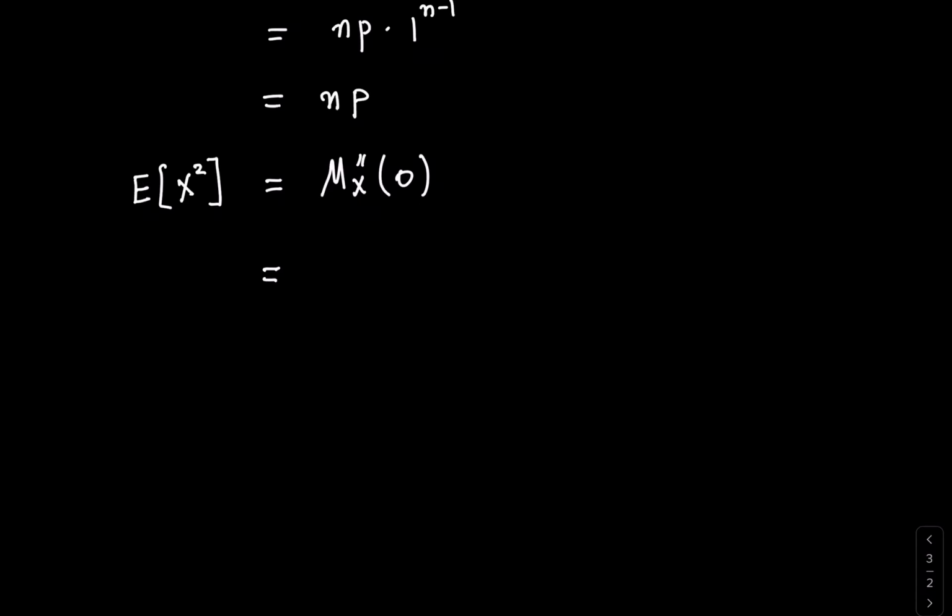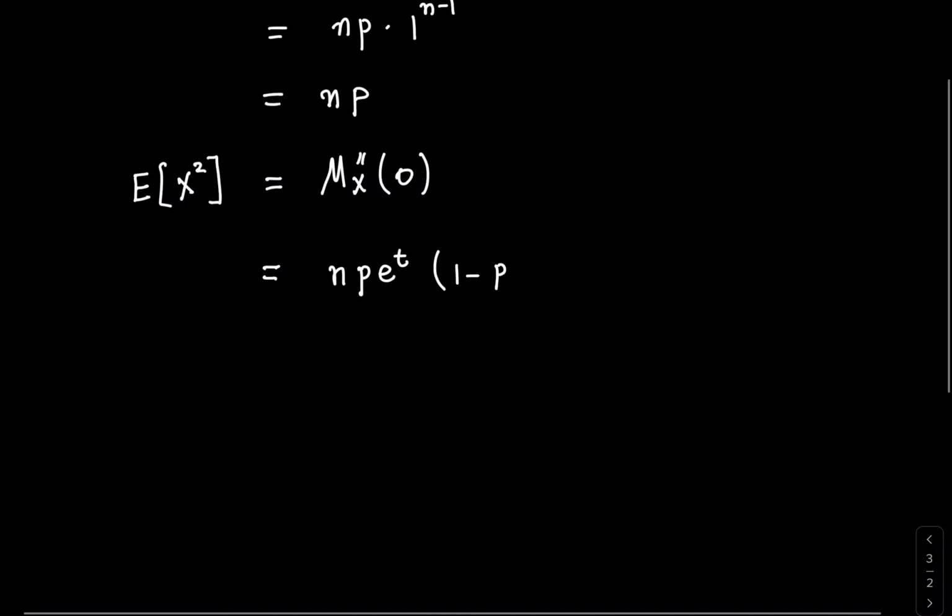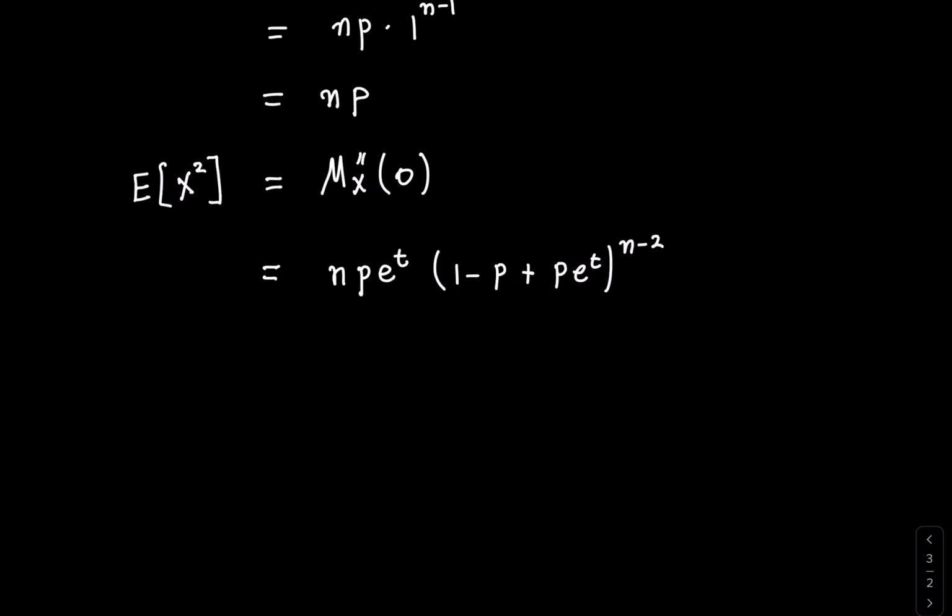So let's do that now. Firstly, let me substitute in my expression. So I derived this expression before, n p e to the t, 1 minus p plus p e to the t to the n minus 2. And then finally I had at the back 1 minus p plus n p e to the t.